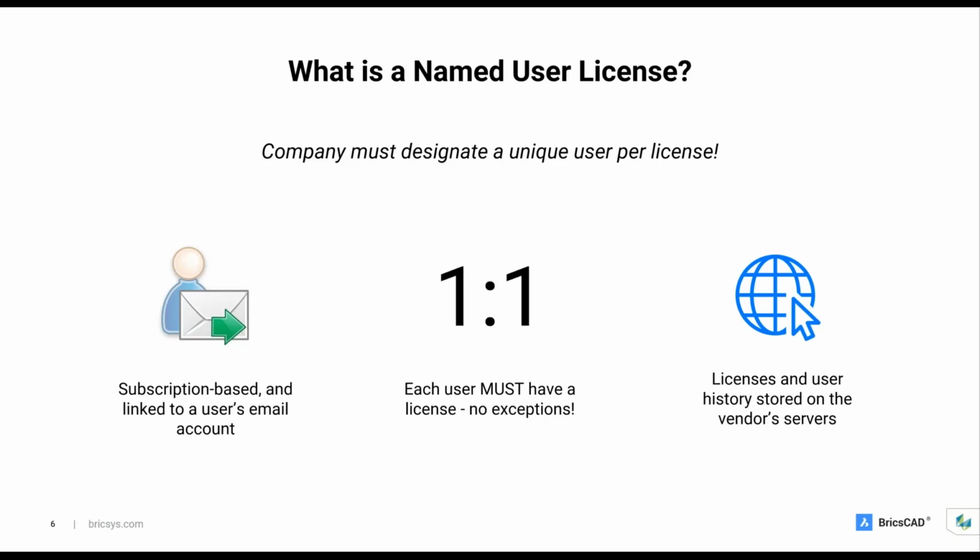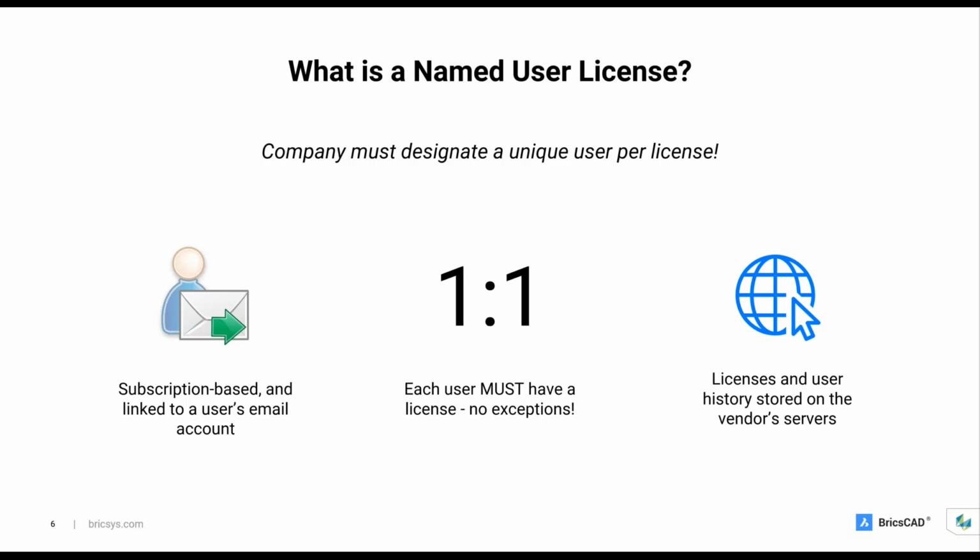Each user must have their own license. And it doesn't matter whether they use the software all day, every day, or whether they're just a casual user who may use it a few hours a week. Those licenses have to be managed in that user emails need to be logged into a system. That email needs to be equated to a license, and that has to be managed over time. That data will reside at the software manufacturer's website, not inside your own firewall.